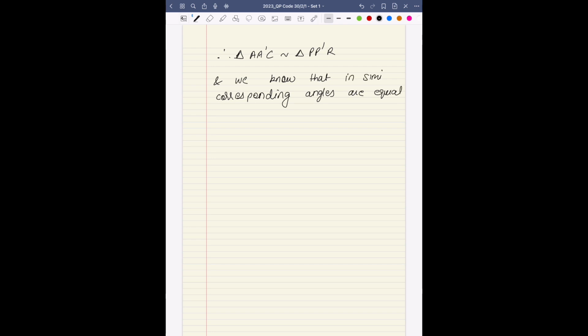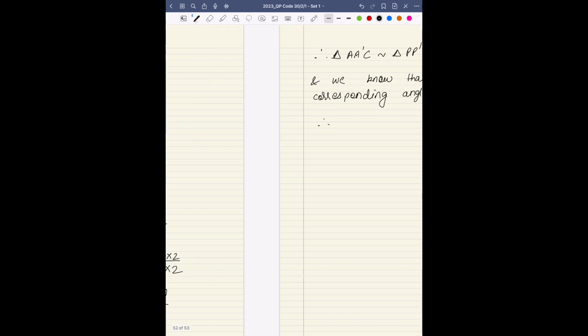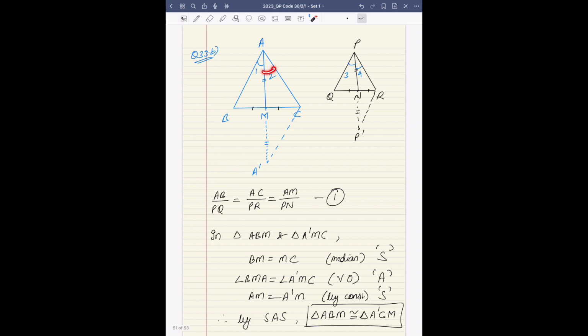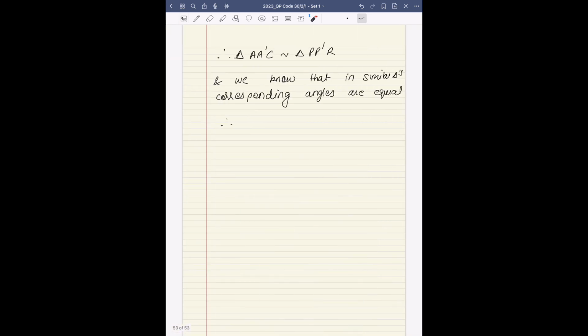Hence this angle and this angle will be equal. Angle 2 is equal to angle 4.